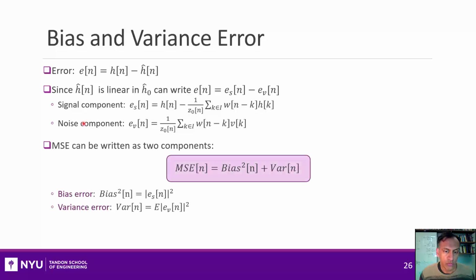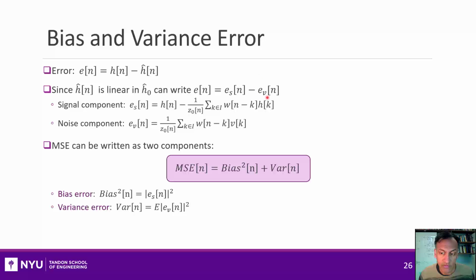Now it turns out once you do this decomposition, this mean squared error will be a sum of two terms, which is the square of the signal component plus the variance of this v. The reason why that's the case is if you look at E of e(n) squared, the signal component is a deterministic value because it only has non-random components in it, and the noise component is a zero-mean variance term.